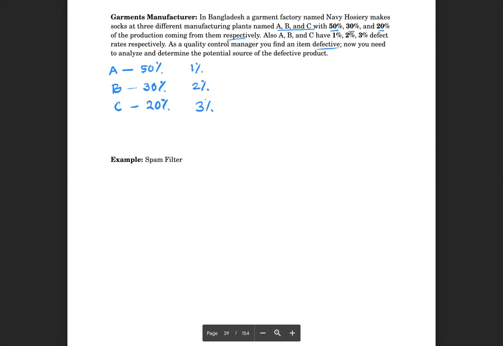Now, in essence, the question comes down to this. I'm going to quickly remind you of A, B, and C. A is the event that plant A has made the product.